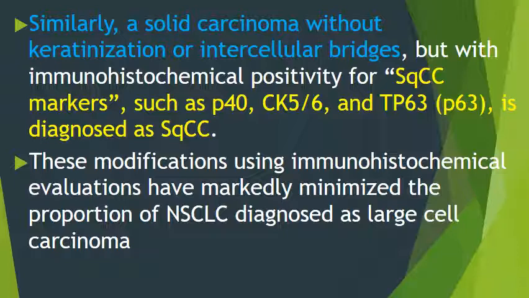Why? Because some solid cancers without morphological features of adenocarcinoma or squamous cell carcinoma show immunohistochemical positivity for squamous cell carcinoma, that is P40 positive or CK5/6, P63, a panel that should be done for this tumor, so we diagnose it as squamous cell carcinoma.